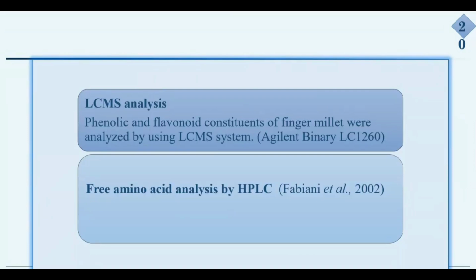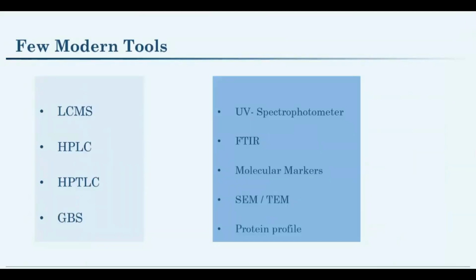So quantitative and qualitative both are important, but depending on the funds, you have to choose a specific area, whether qualitative or quantitative. Then the same thing is for the amino acids.